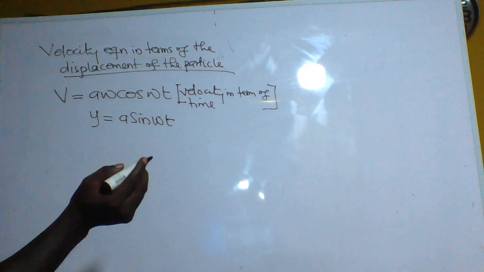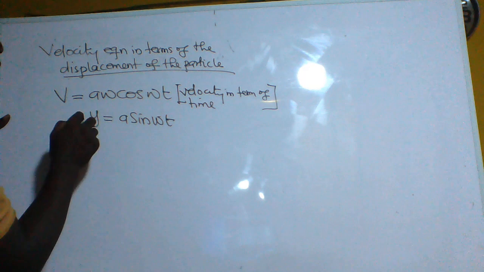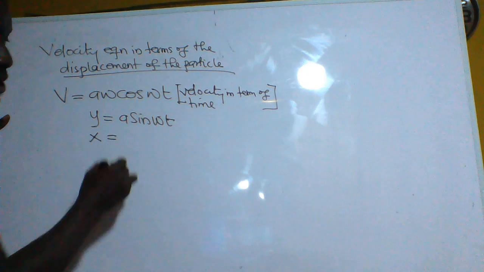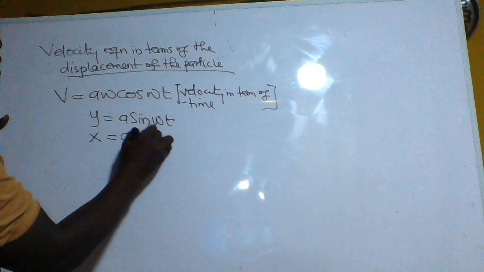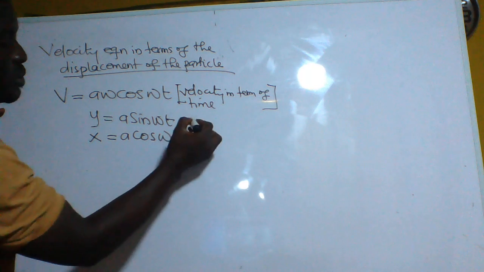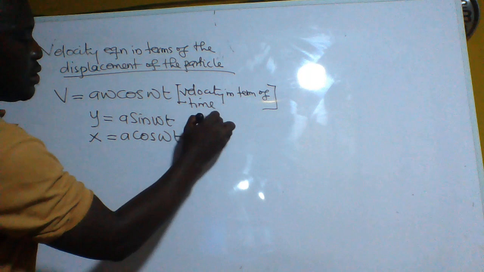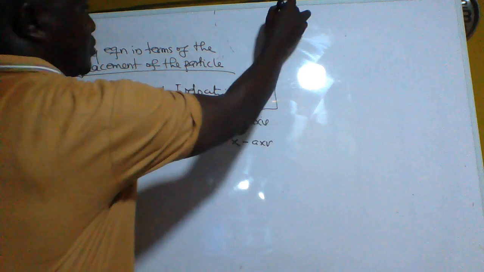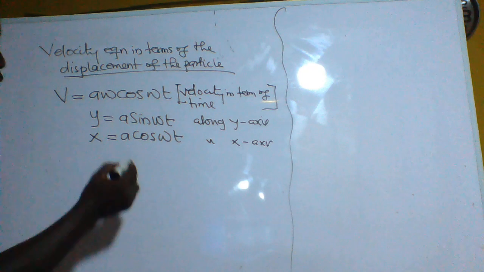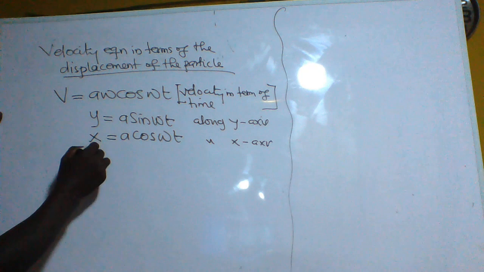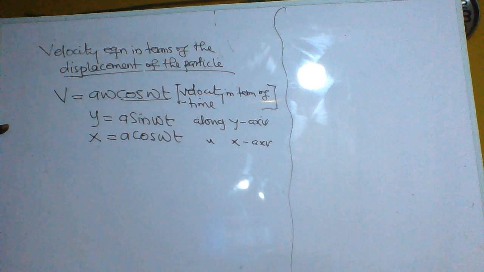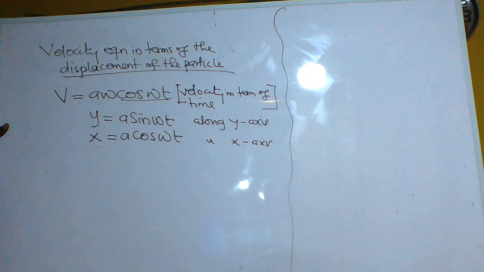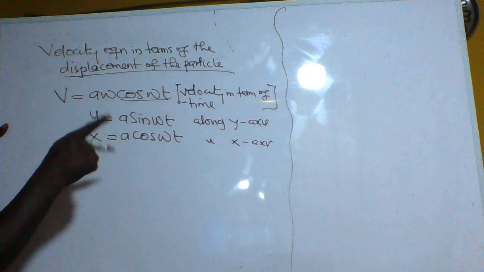So before we can have the velocity function in terms of the displacement y or x, and don't forget the displacement along the x-axis too is A cos omega t, we have to change this cosine function to a sine function, and when we're able to do that, we can just substitute.